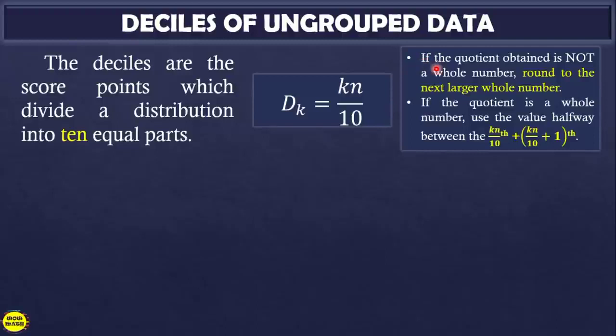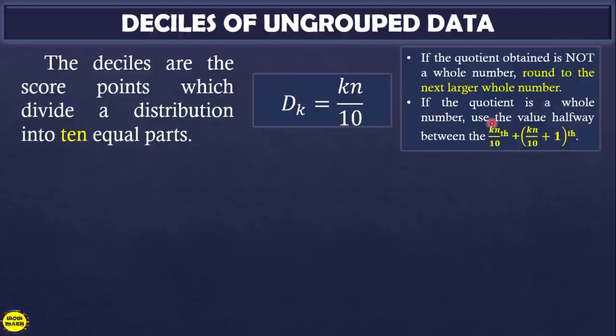So kapag yung nakuha natin na sagot is not a whole number, ang gagawin natin, i-round to the next larger whole number. So halimbawa, 5.6, gagawin na natin siyang 6. 5.2, gagawin na natin siyang 6.